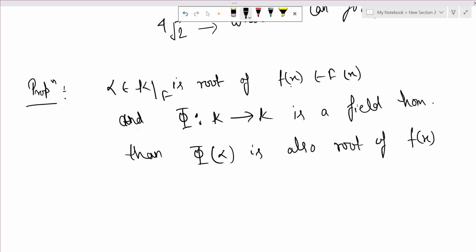Means the image element can go only to another root of that polynomial if alpha is a root of some polynomial. That's what I'm saying.